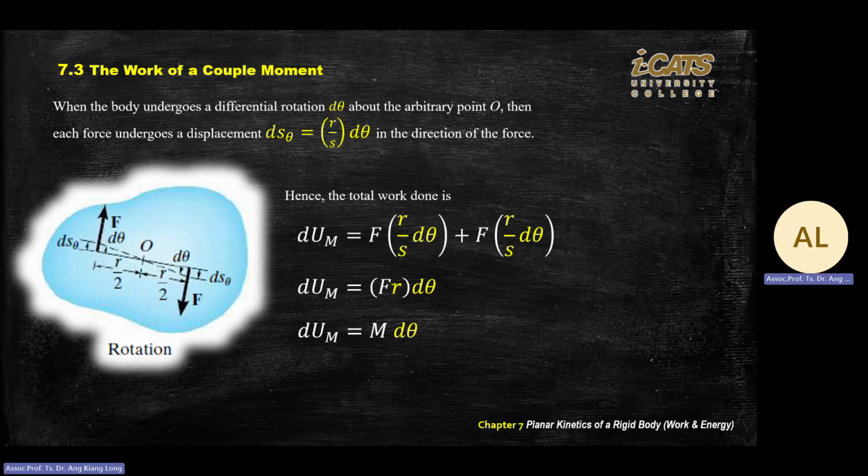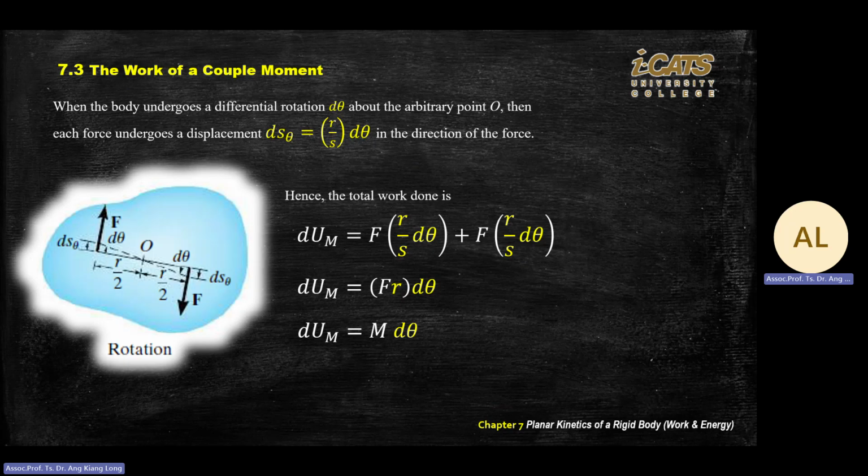So just now, we were converting from force to moment, multiplied by the displacement of angle. The product of this will give you moment. So the work done by the moment is U equals M theta.